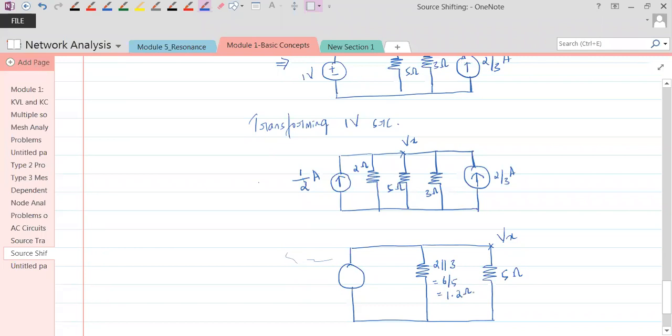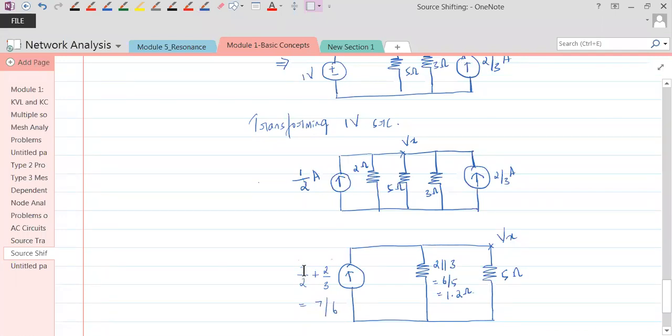And what is this current source? This current source is 1 by 2 amps plus 2 by 3 amps. What would this be? This would be 7 by 6 amperes.